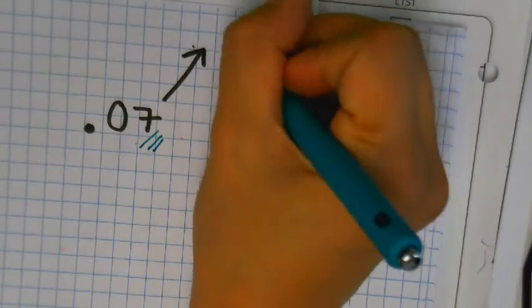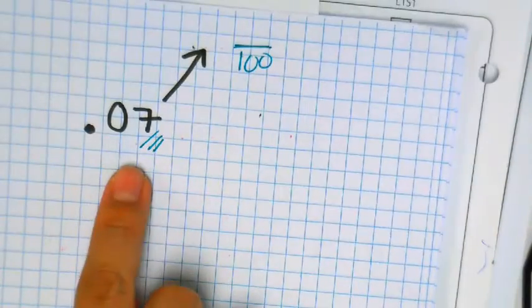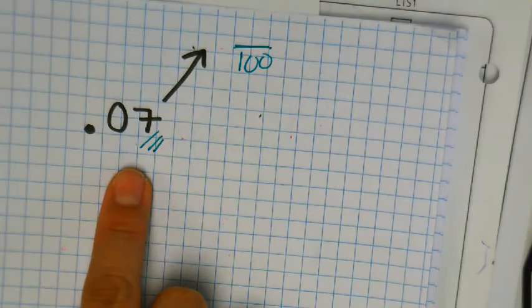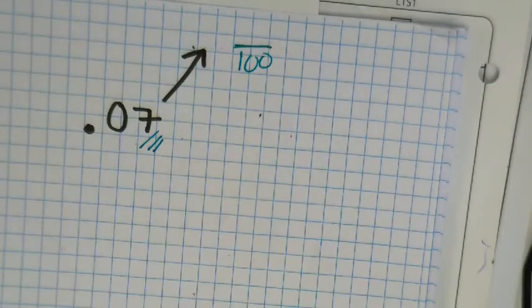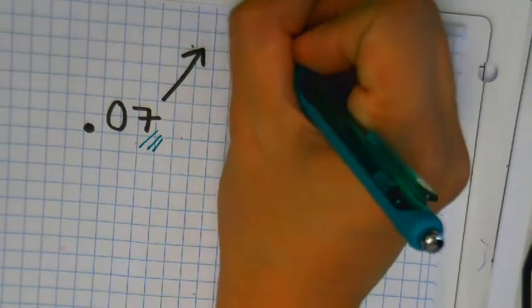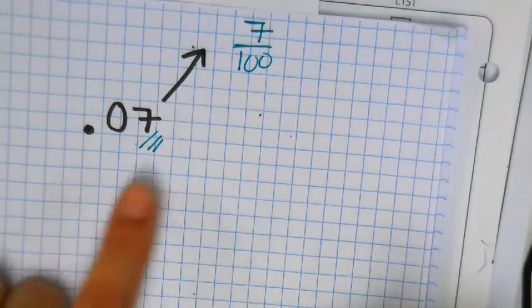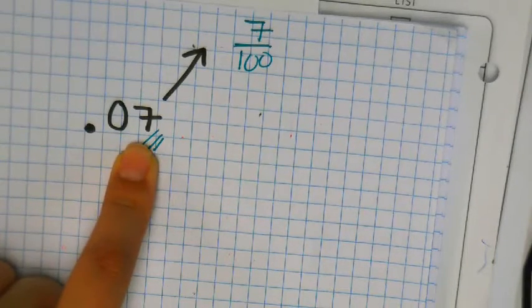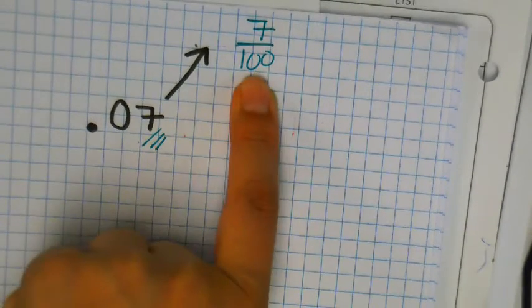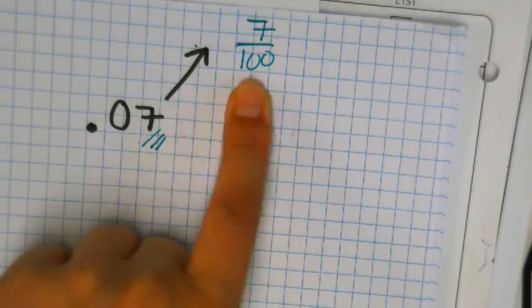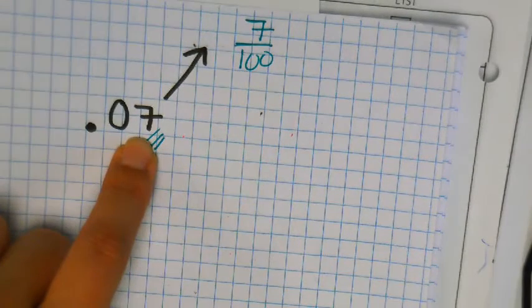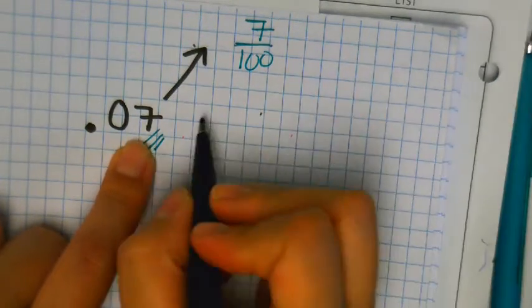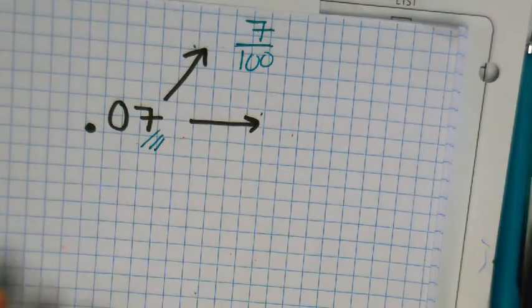So my denominator would be 100. This is a brand new problem, so you have none of this copied down. What's my top number? 7. So you look at the last number. The 7 is in the hundredths place, so that becomes my denominator. And then my top number is just that. We're okay? What would be the percent, since we just did that in the other worksheet? 7%.